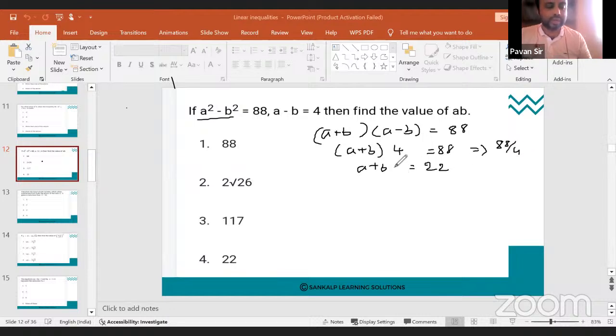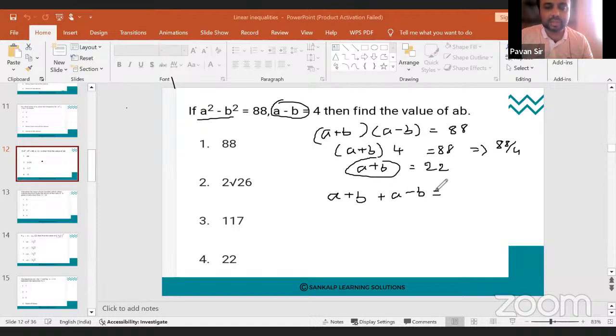So we got a plus b as 22, and a minus b is 4. Now try to solve. You can add equation 1 and 2. That is a plus b plus a minus b.